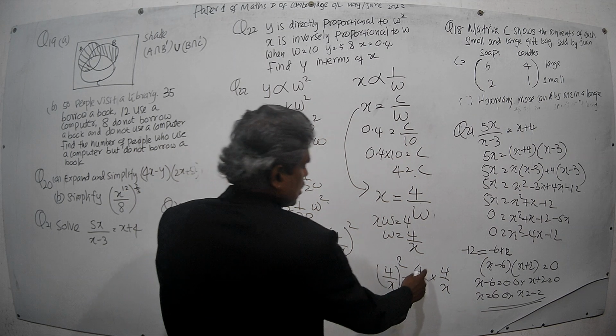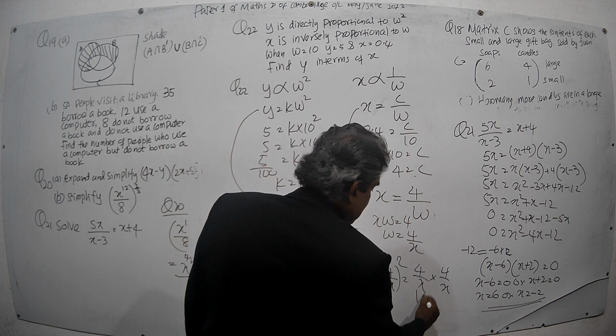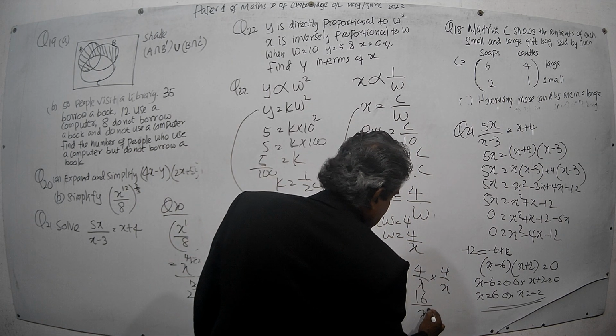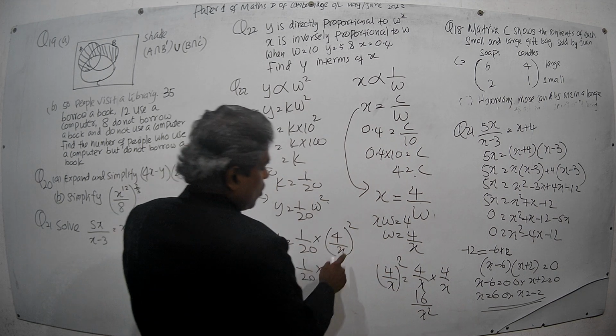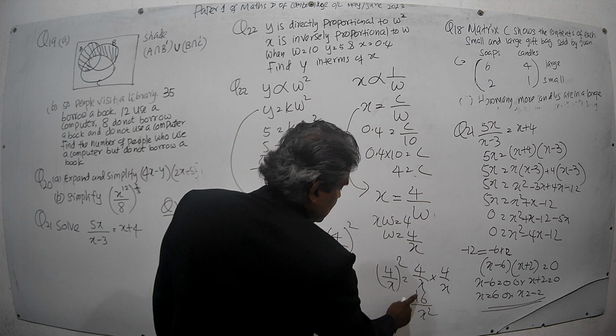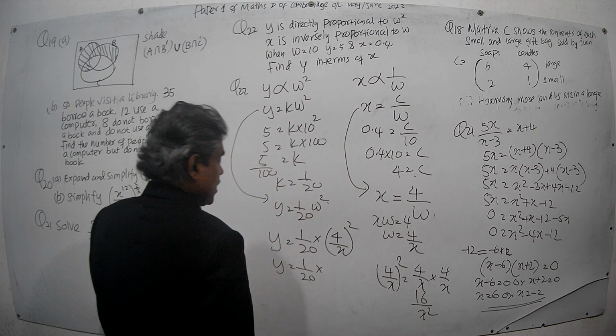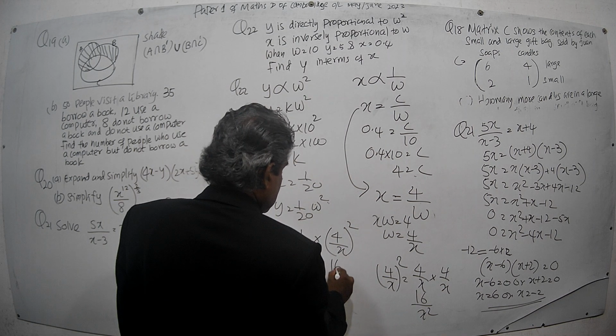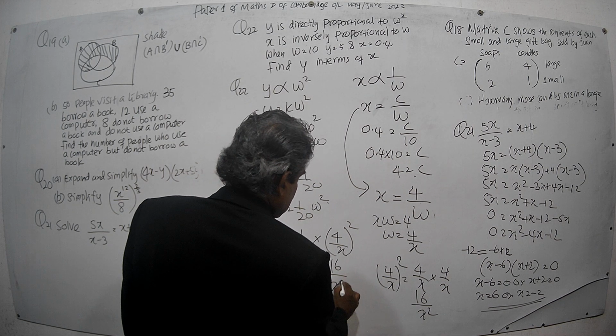If you simplify this, it will be 4 times 4, 16, x times x, x squared. So 4 over x to the power 2 equals 16 over x to the power 2.